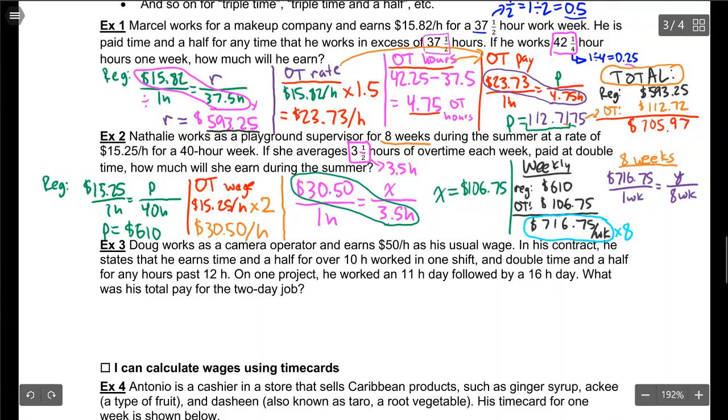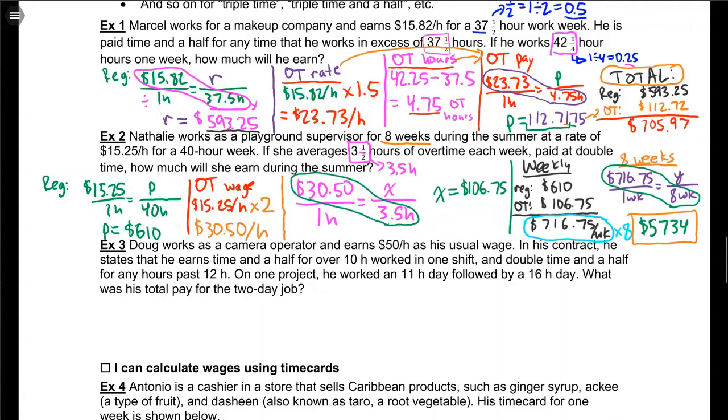So we cross multiply and divide. Or if you noticed, you could have just multiplied by 8. Regardless, you get your final answer of $5,734. And there is your final answer.